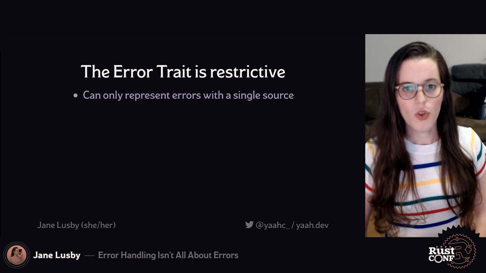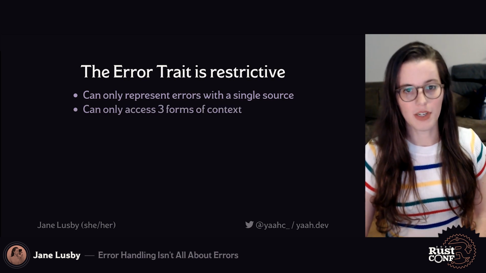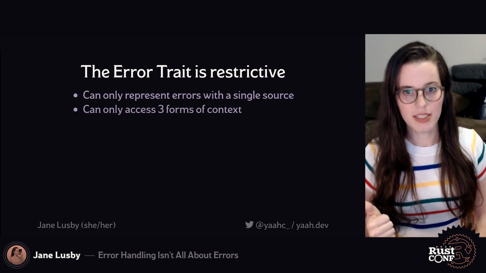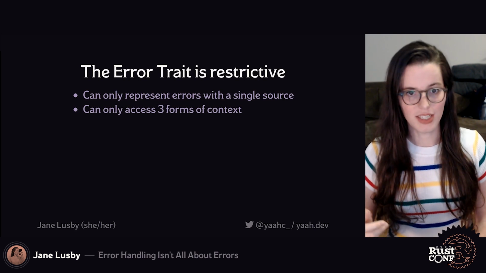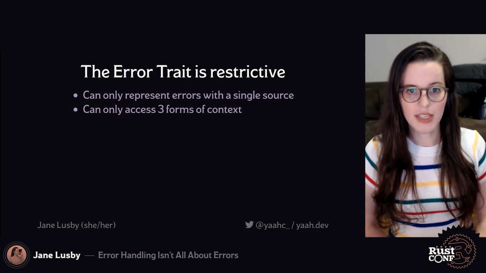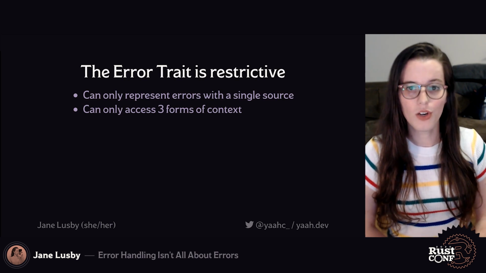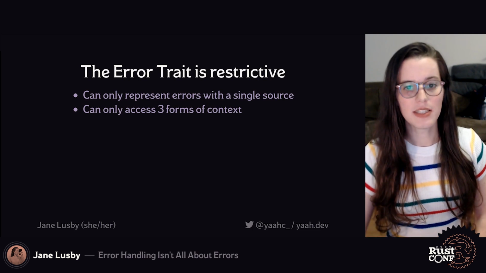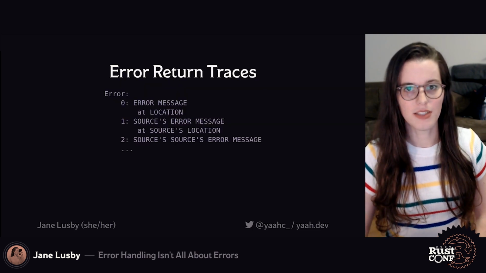In addition, you can only access three forms of context via the error trait: the error message, the source, and the backtrace. We can't return types like span trace or location without using hacks based on downcast to work around the error trait. This prevents us from having things like error return traces.